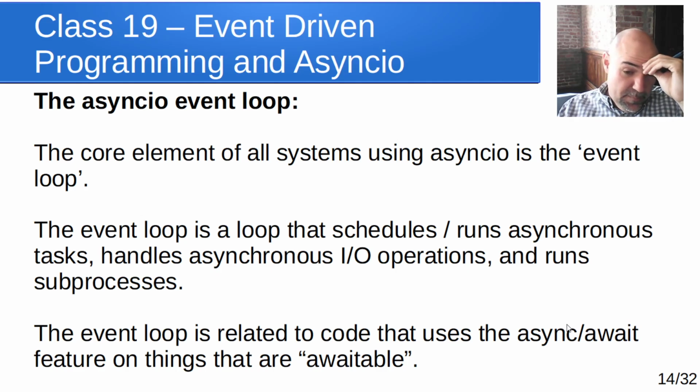So the event loop is related to the events that happen due to any code that's active in our current code scope that's using the async and await feature on any action that's called an awaitable action. In other words, something that can cause one of these events that we could wait on.